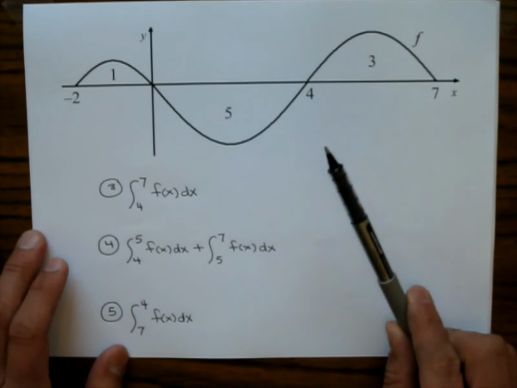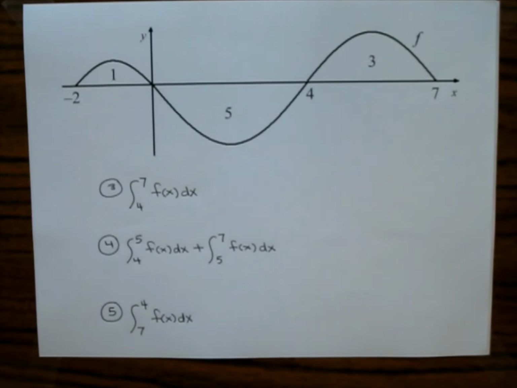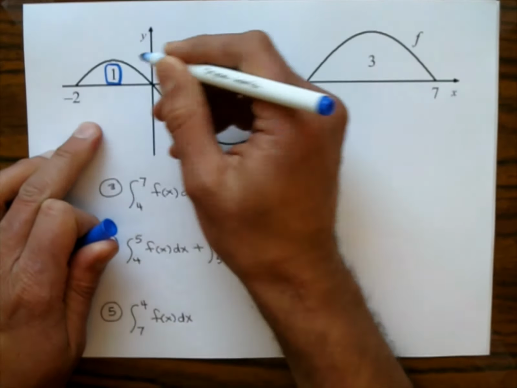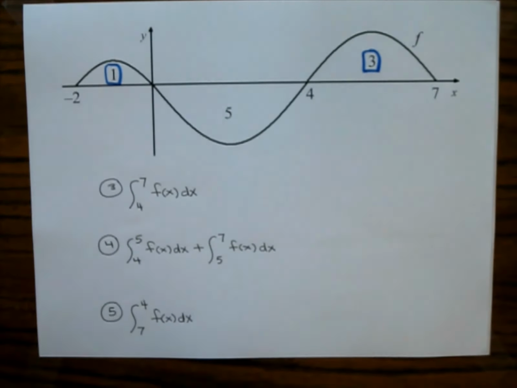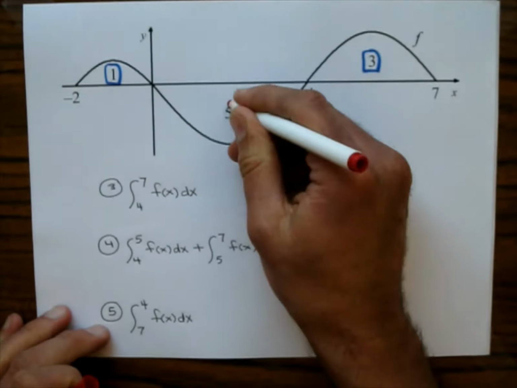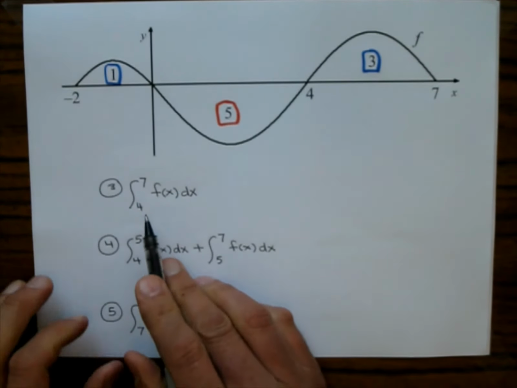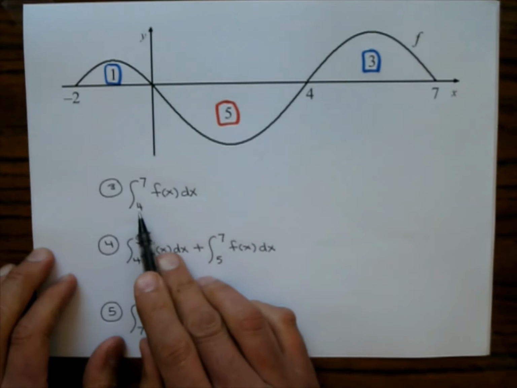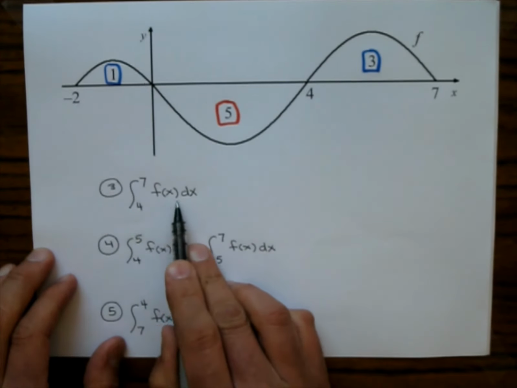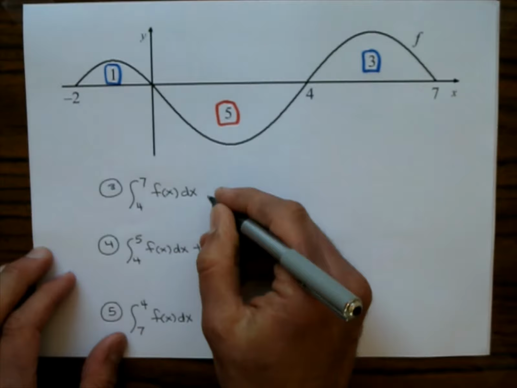Same function. Let me go ahead and circle those areas. Those are positive areas, and this is a negative area when you're doing net area. We are trying to find the integral from 4 to 7 of this function f of x dx.